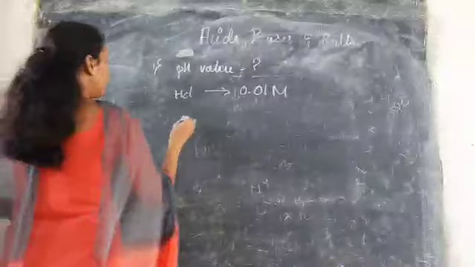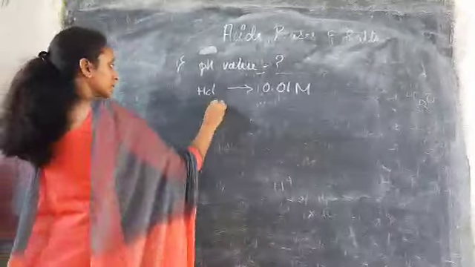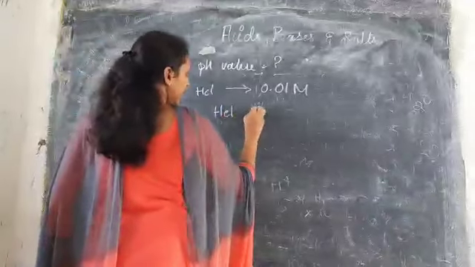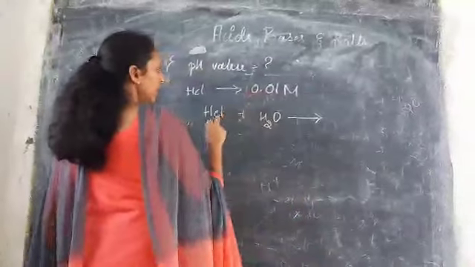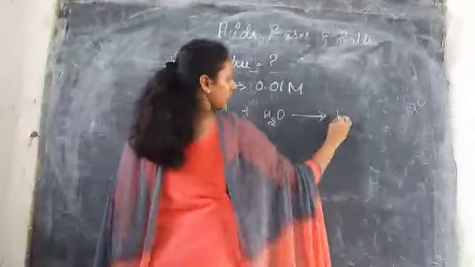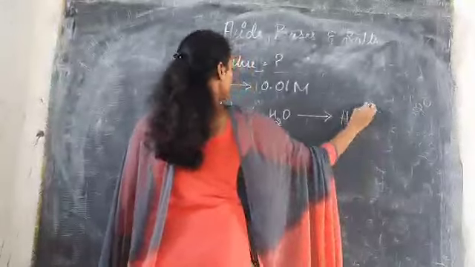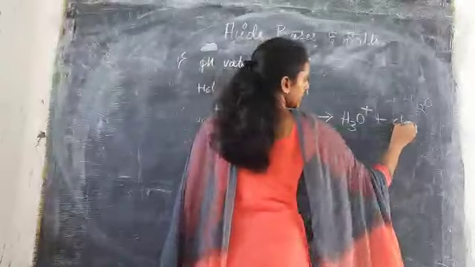We already know the reaction. HCl when treated with water, I already told you, when an acid is treated with water it will give H3O plus ions plus Cl minus.